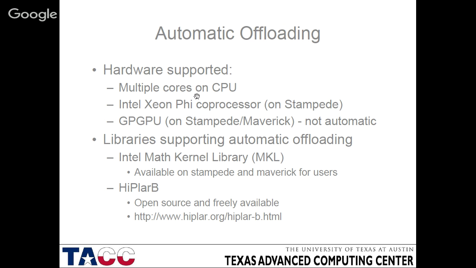The CPU is already covered, and then the Intel Xeon Phi coprocessor, because we requested those nodes using mic, you cannot launch RStudio today, because we want you to try the mic. The GPU is also available on Stampede or Maverick, you can try.